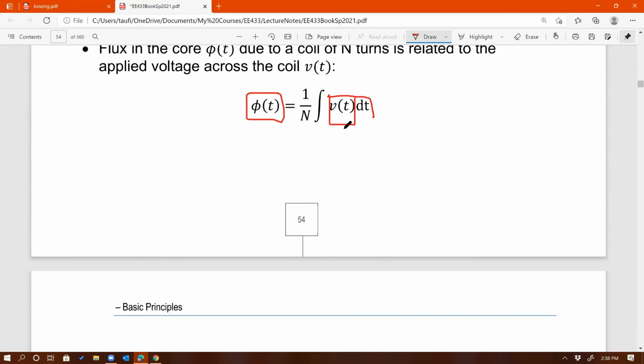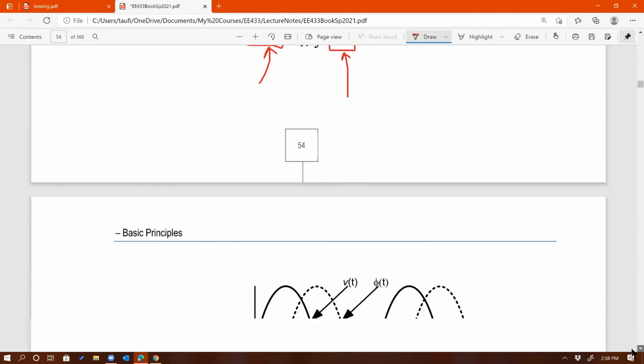Remember, voltage is what we apply across the inductor or transformer, and flux is what's flowing inside the core. So if I know the shape of the voltage applied to the coil, I should know how to sketch the flux waveform inside the core.